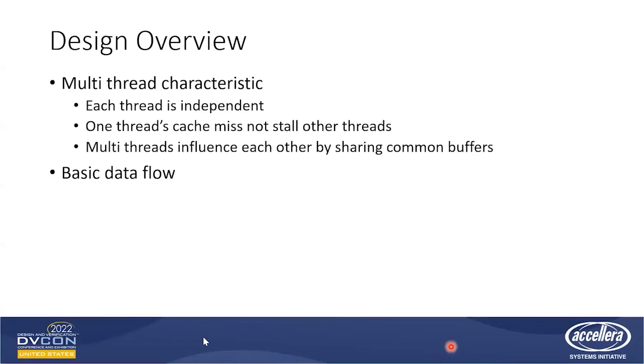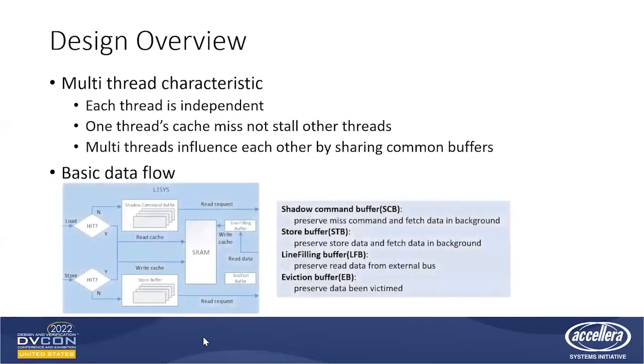That means two threads can access the same address region, and in this way the L1 cache not only achieves the cache behavior, but also does multi-thread coherence.